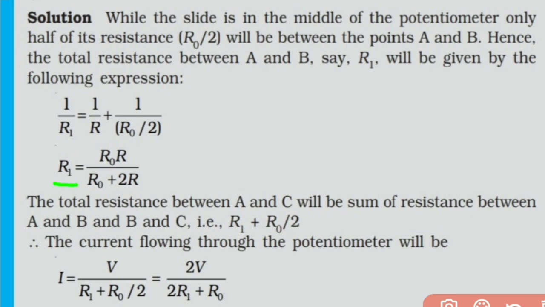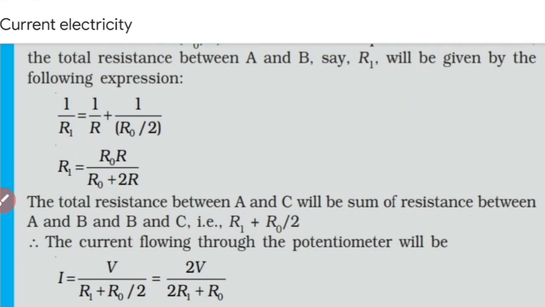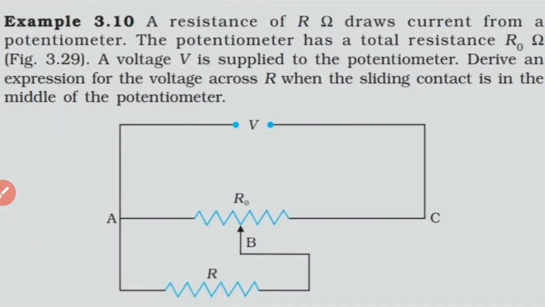Now, the total resistance between A and C. So we have to find the current through potentiometer wire. V is the voltage applied. Current will be what? I is equal to V divided by total resistance. What is total resistance? The resistance between A and C. The resistance between A and C means it is the sum of resistances.